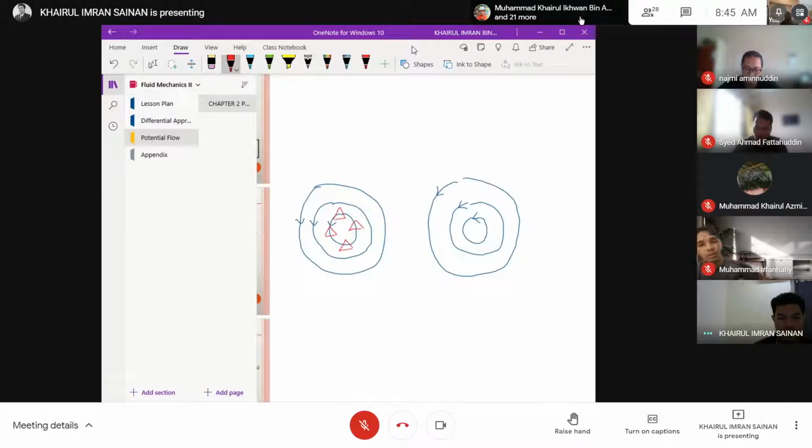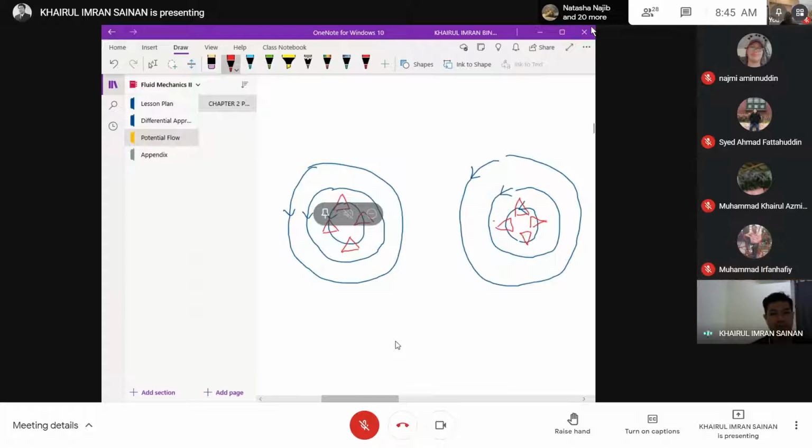Can you see the difference between figure A and figure B? One of them is rotational, another one is irrotational.